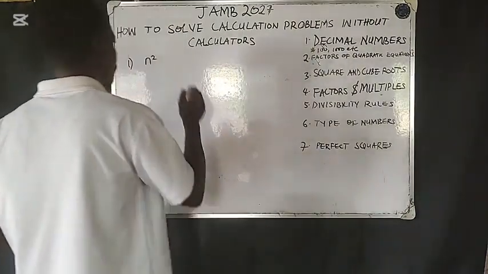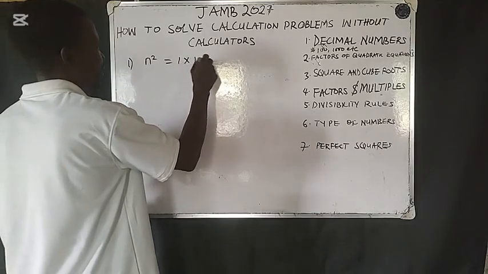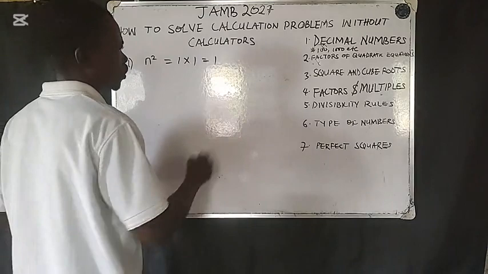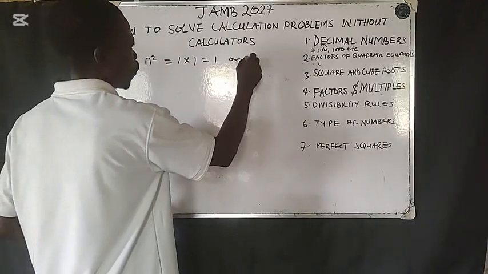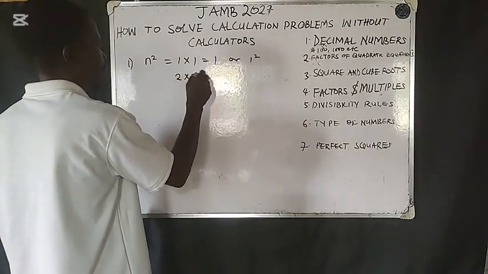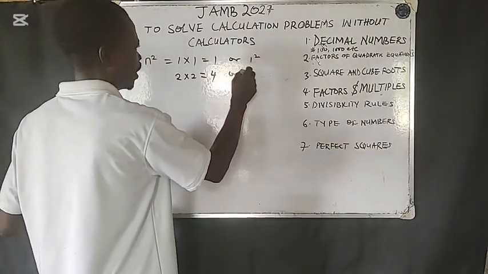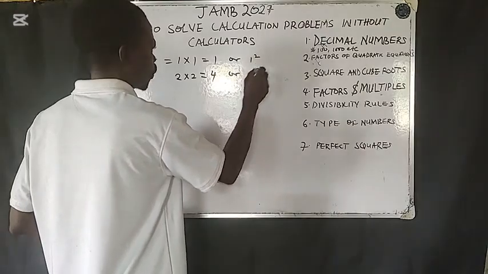For example, 1 times 1 can be written as 1, or simply write 1 squared. 2 times 2 can be written as what? 4, or simply 2 squared.